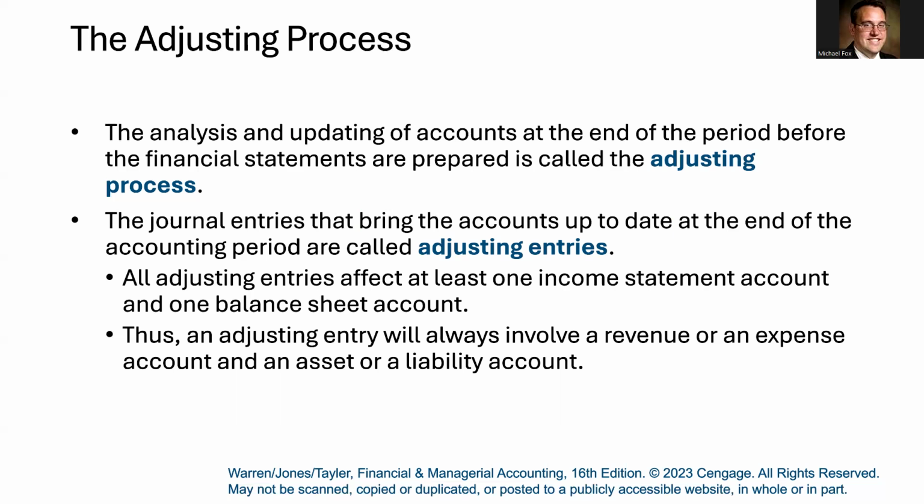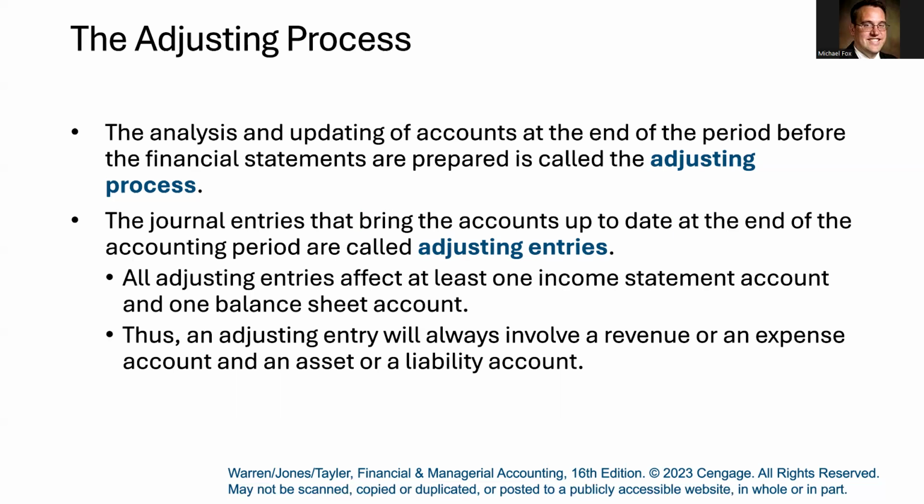And then this right here: all adjusting entries affect at least one income statement account and one balance sheet account. This matters because if you're getting confused and find yourself putting in weird stuff, take a breath and ask, is there one income statement and one balance sheet account being affected here? It's a good sign you're on the right track.